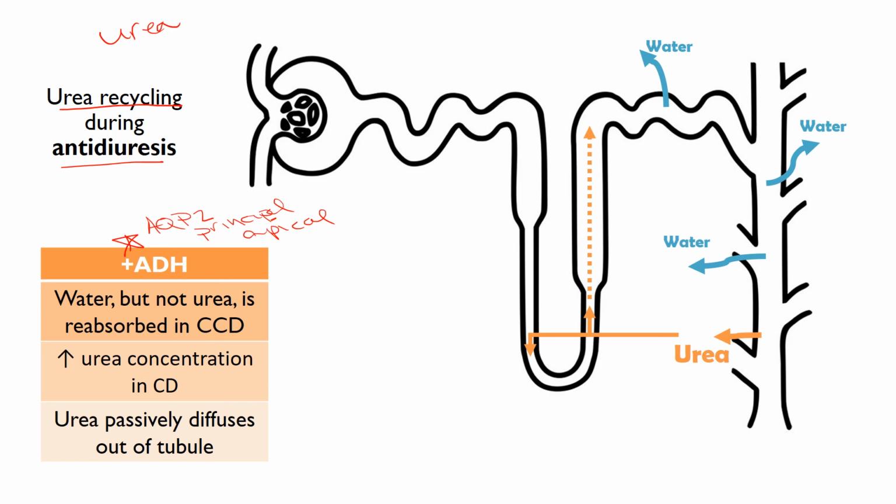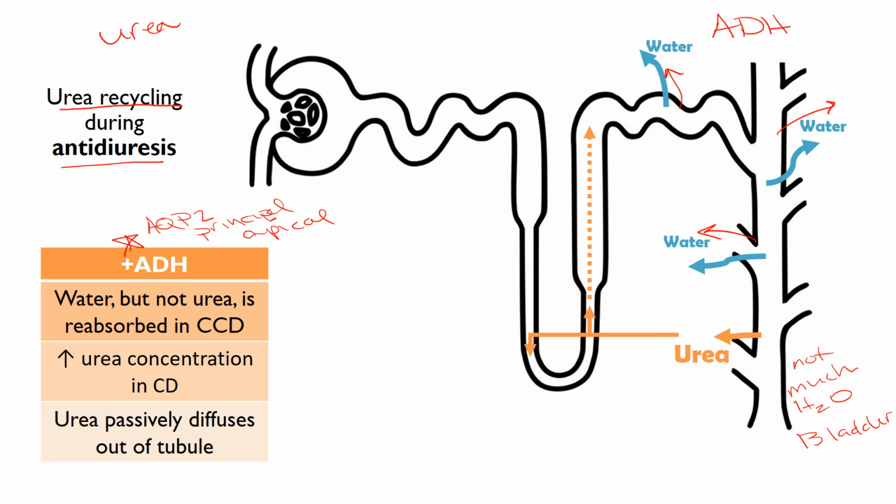So let's look at this graphic here. This graphic is showing the presence of ADH, which you know because water is getting pulled out of the nephron. Okay, so water is getting pulled out of the nephron, meaning there's not going to be much water. Not much water is left to go to the bladder. Okay, so we don't have a lot of urine being built up here.